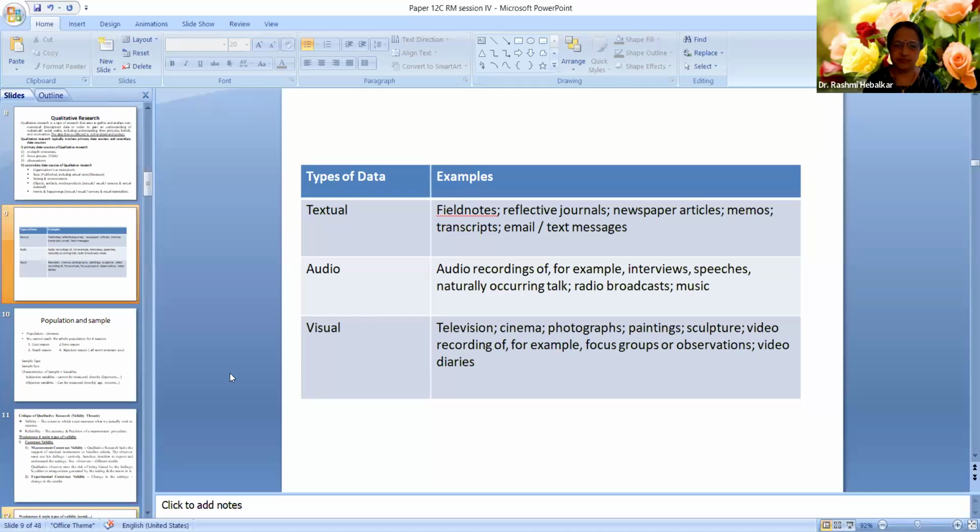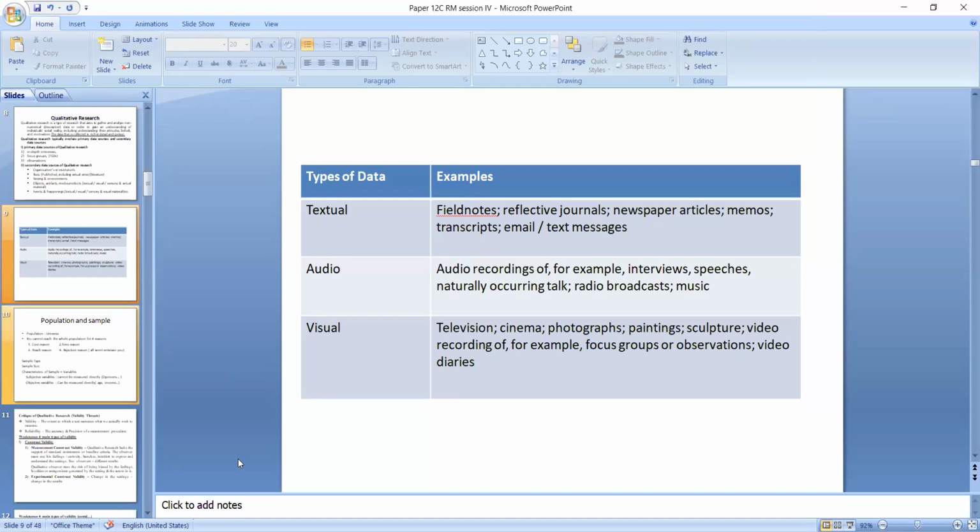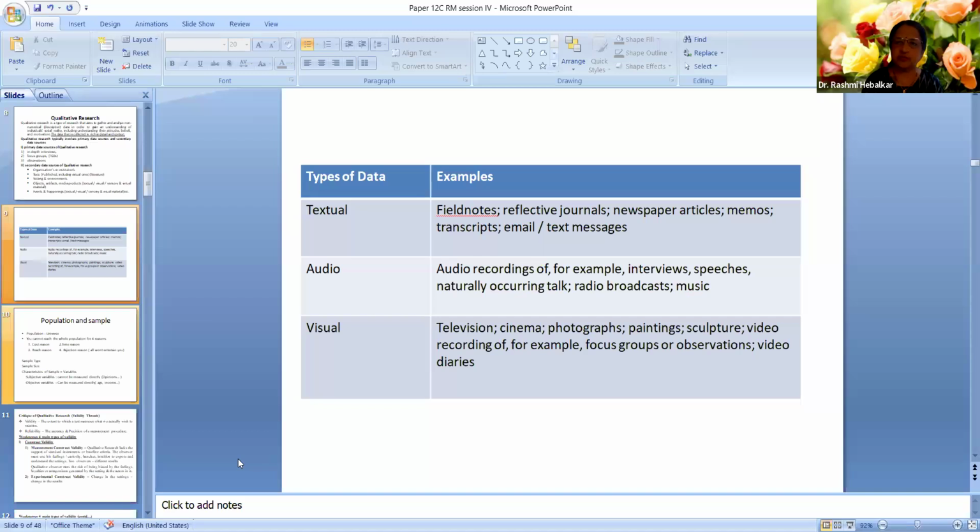Please go through. Depending upon your topic, your objectives, you can select out of these.